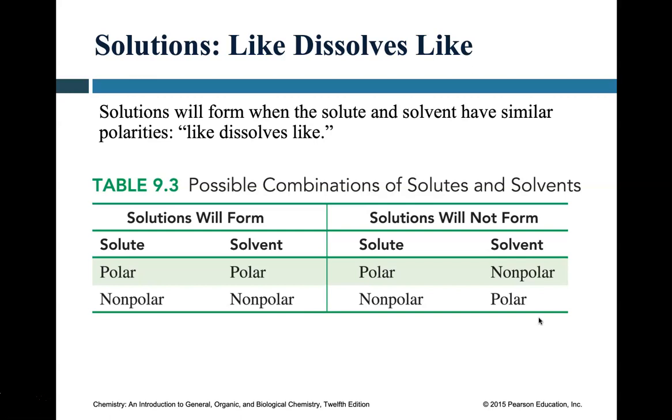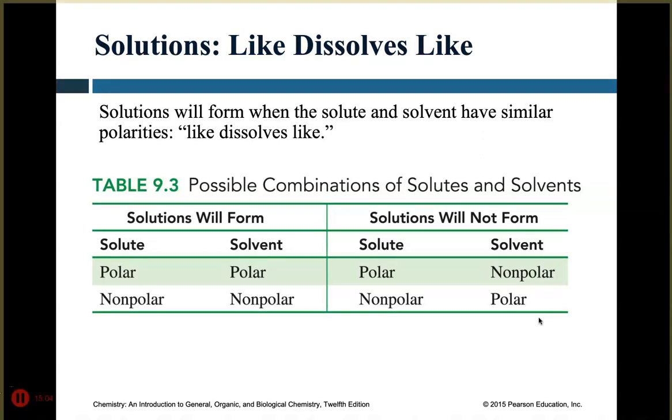So, can we predict if something will form a solution? And yes, we can. So we talked about previously that to determine if a molecule is polar or nonpolar, we talked about electronegativity.